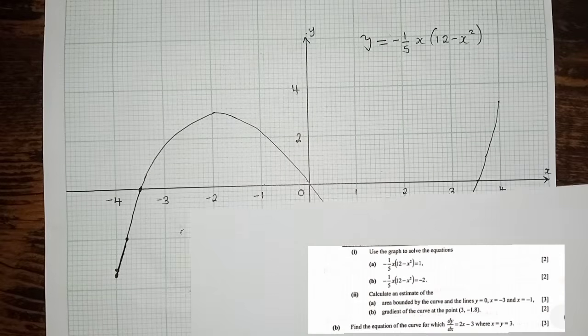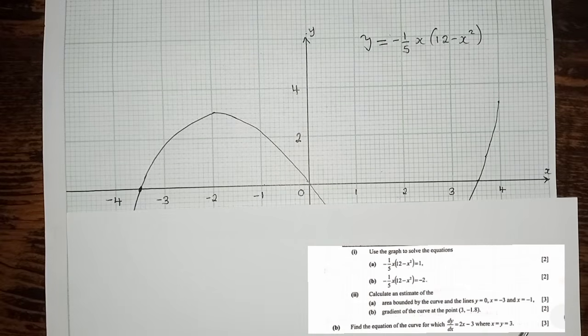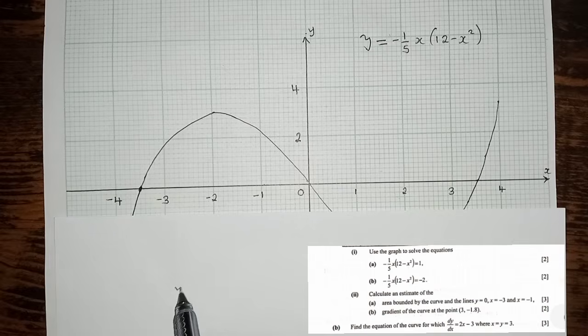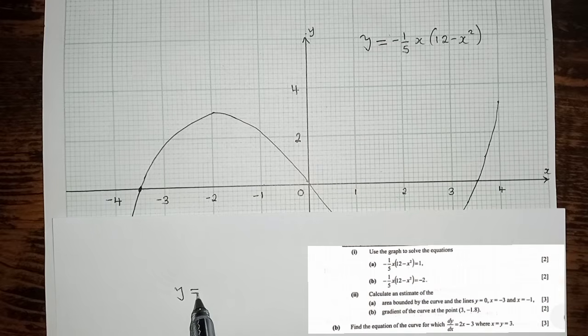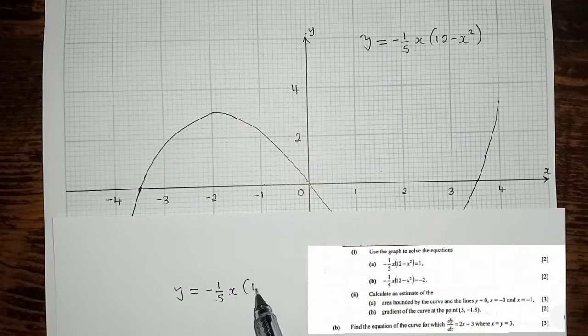The equation we've been given says y is equal to negative 1 over 5 x inside the brackets 12 minus x squared.